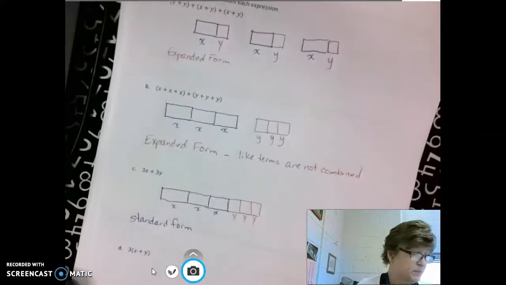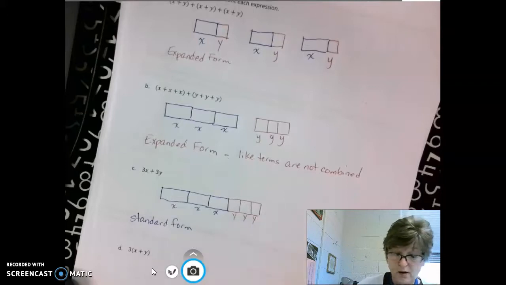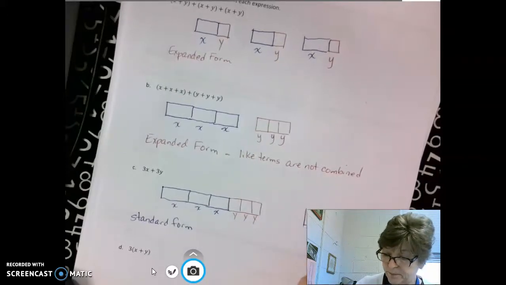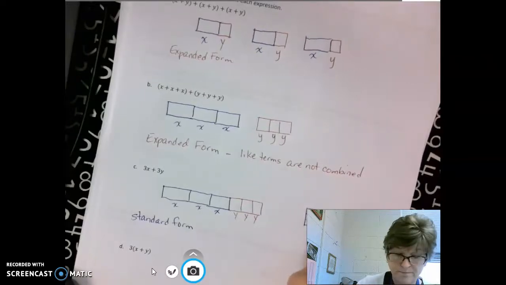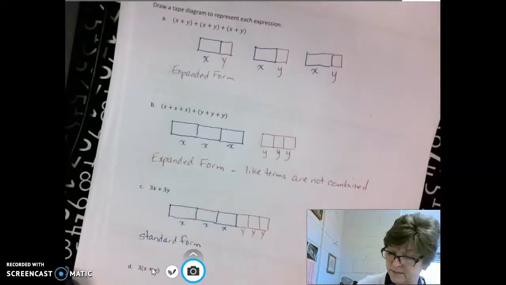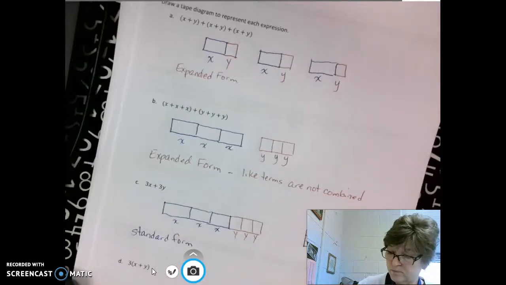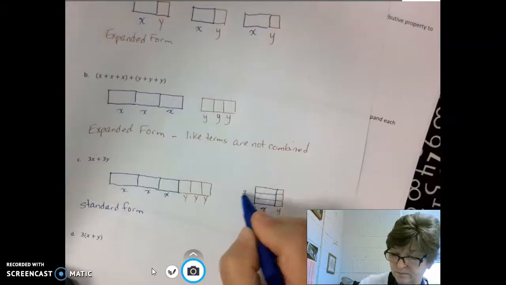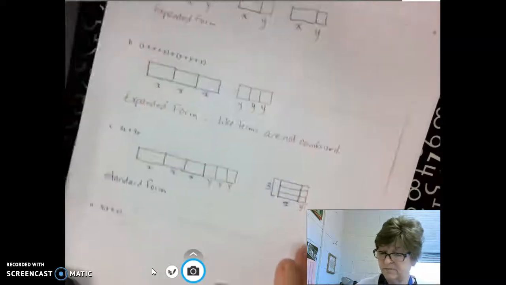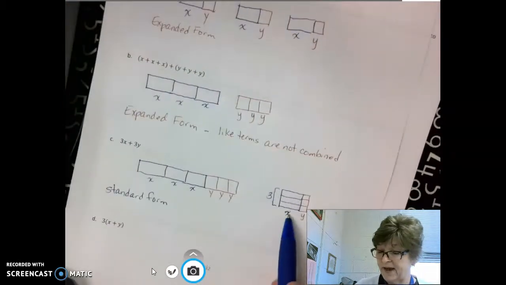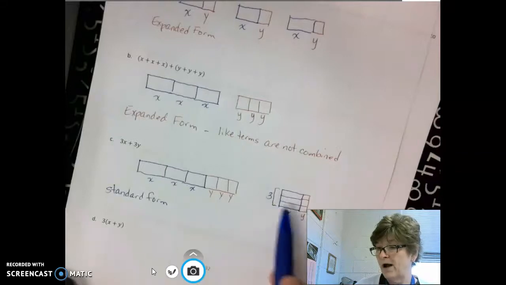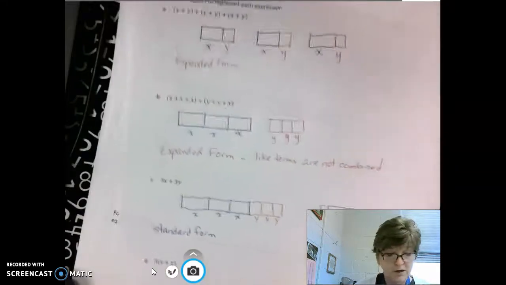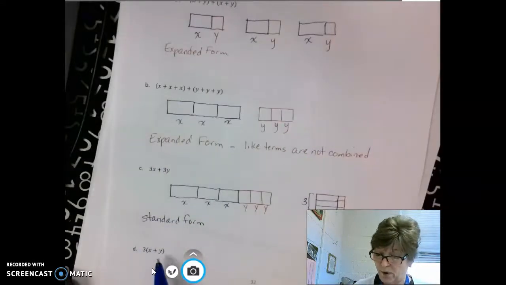You could even possibly see this written or illustrated like this. Three sets of x, three sets of y, or three groups. So how is this different from down at this bottom part?